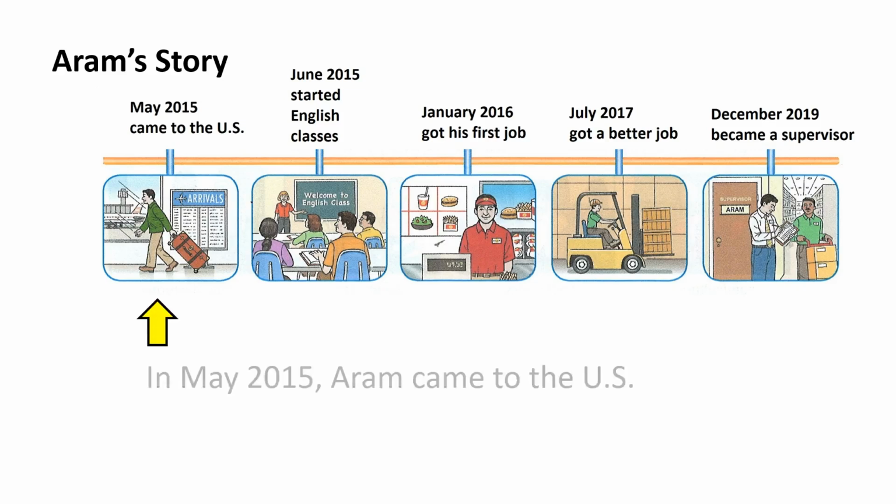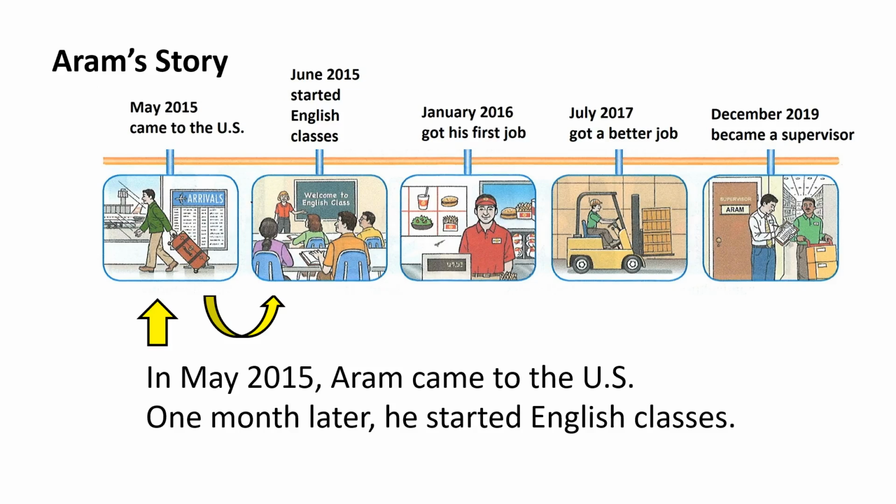In Aram's story, I will start by saying in May 2015, Aram came to the US, and then I go from this to the next event, and I can see that the difference here is from May to June. So that's 1 month. So when I make my sentence, I will say 1 month later, he started English classes.